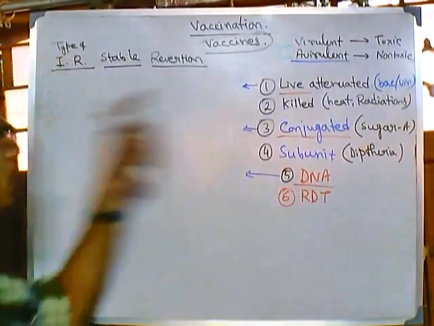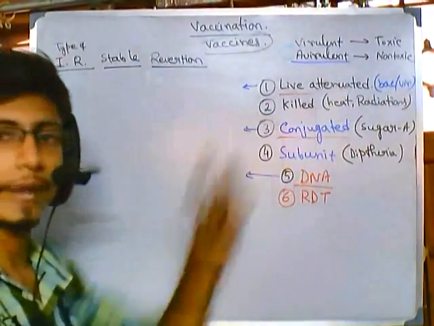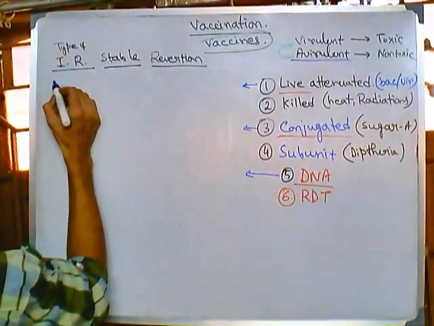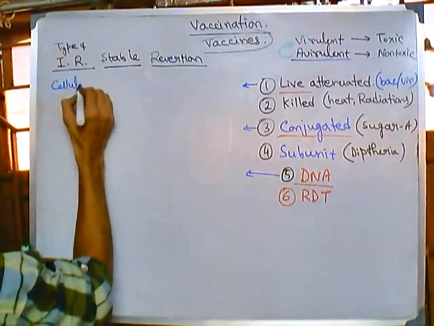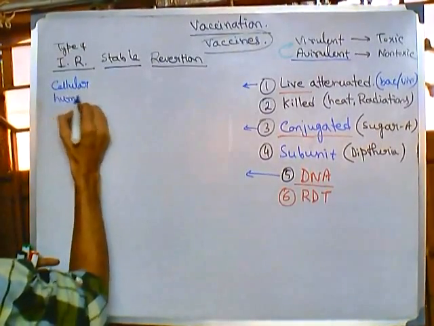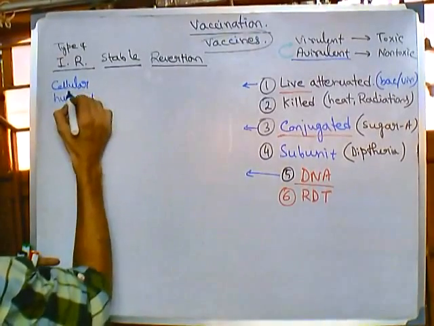The type of immune response generated by the live attenuated vaccines is of two different types. It is of cellular mode as well as of humoral mode, both.